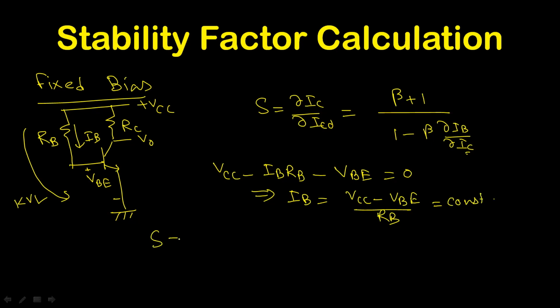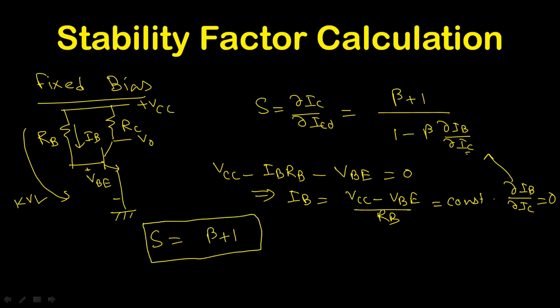Then del IB by del IC will be 0, because IB is not a function of IC. If we put this value here, we get S equals beta plus 1. So the stability factor del IC by del ICO for this fixed bias circuit is beta plus 1.